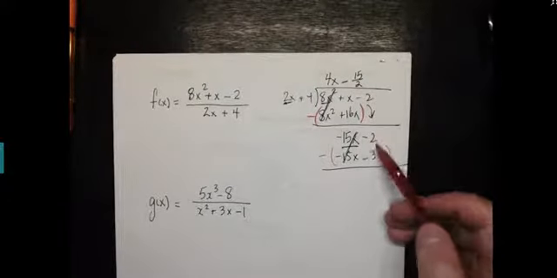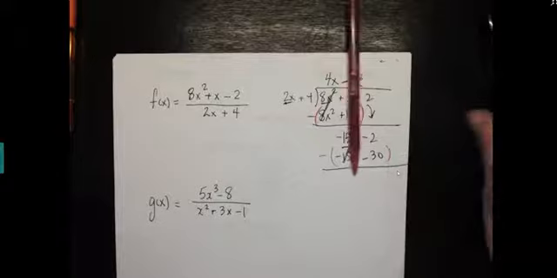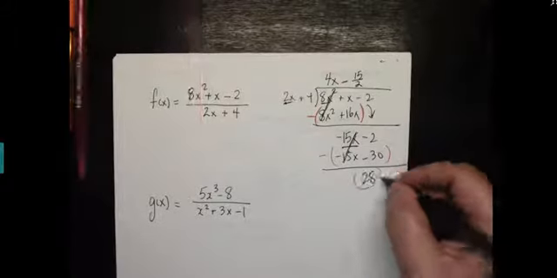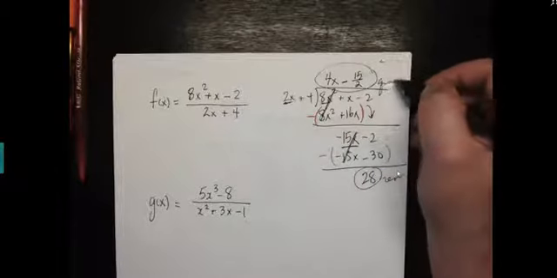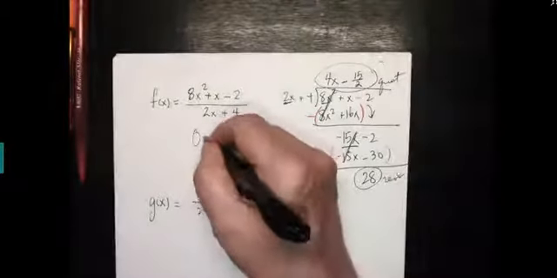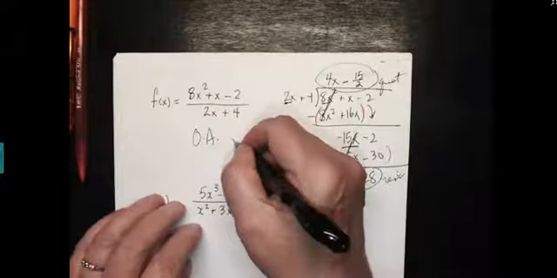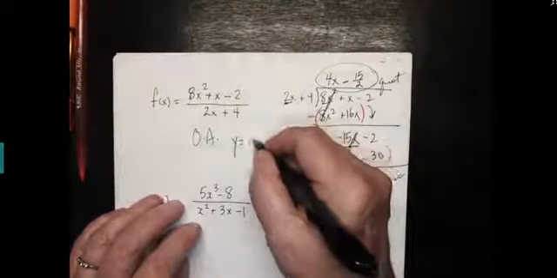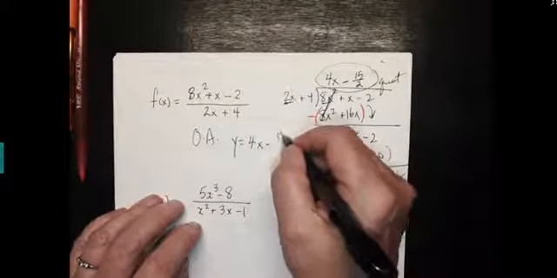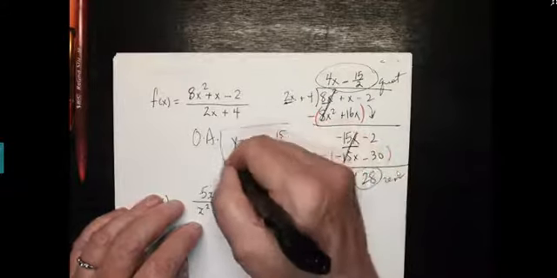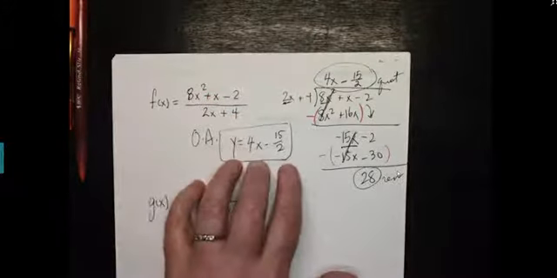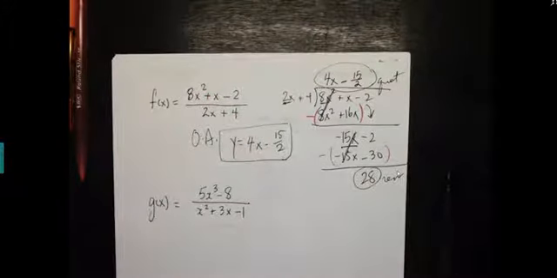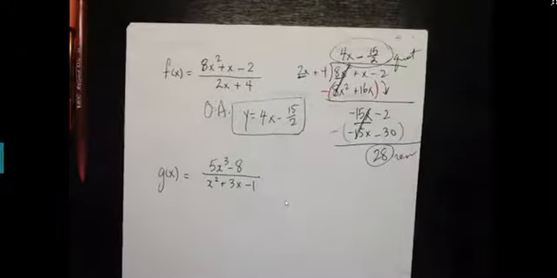And then I have -2 plus 30, and I'll get 28. So that's going to be my remainder. This is my quotient. And so I do have an oblique asymptote, and its equation is y is equal to the quotient. Make sure you write down y is equal to. Don't just write down the quotient, because that's not correct. All right, we need the equation of the line. And again, if you want to check that, you can in your calculator.